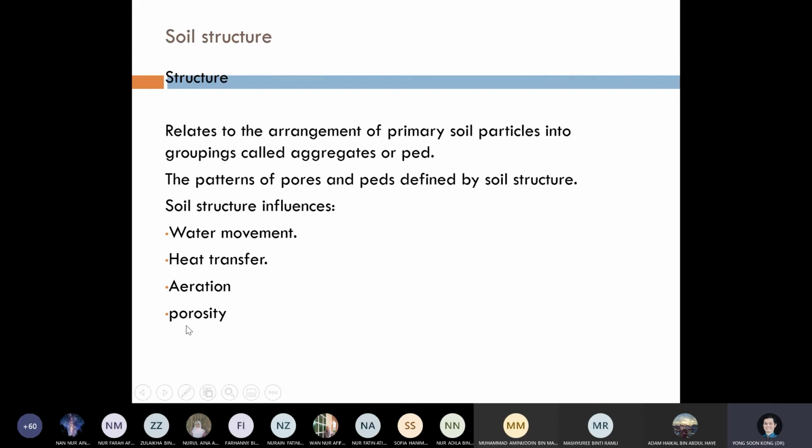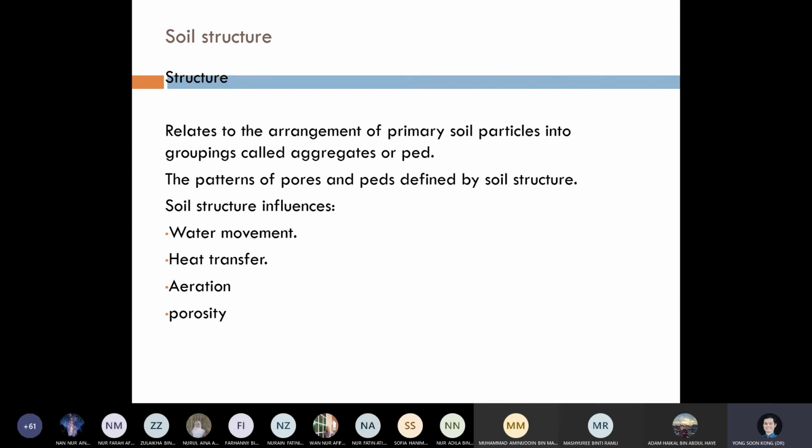Not only that, porosity also allows the movement of nutrients and moisture into the soil. And as you know just now, high porosity means materials, including air and water, can flow through freely.